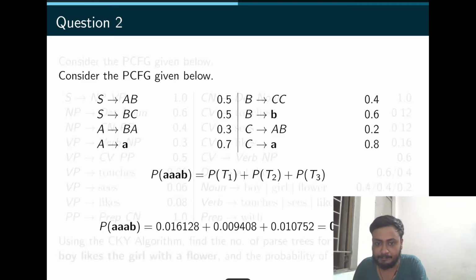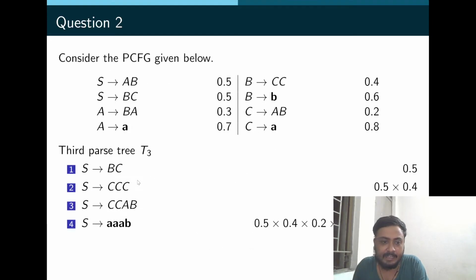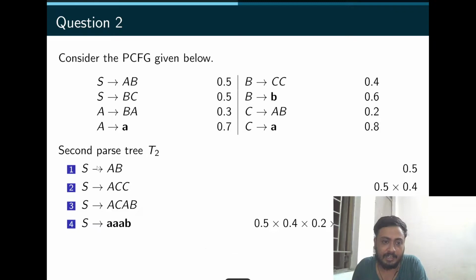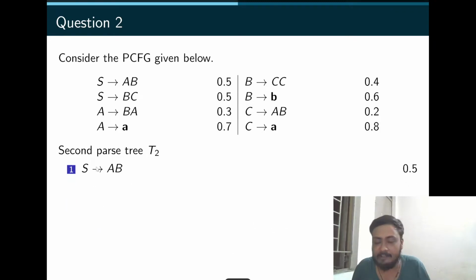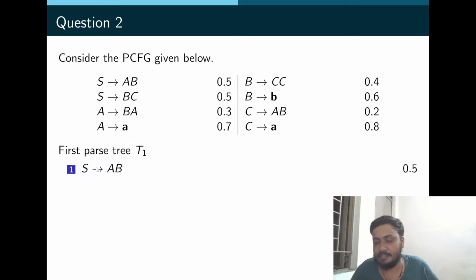Before we go to the next question, if you have any doubts for this question, let me just go over the idea quickly. The idea is that we start in a top-down manner. We start with the symbol S, and we try to exploit all possible combinations that we can use.